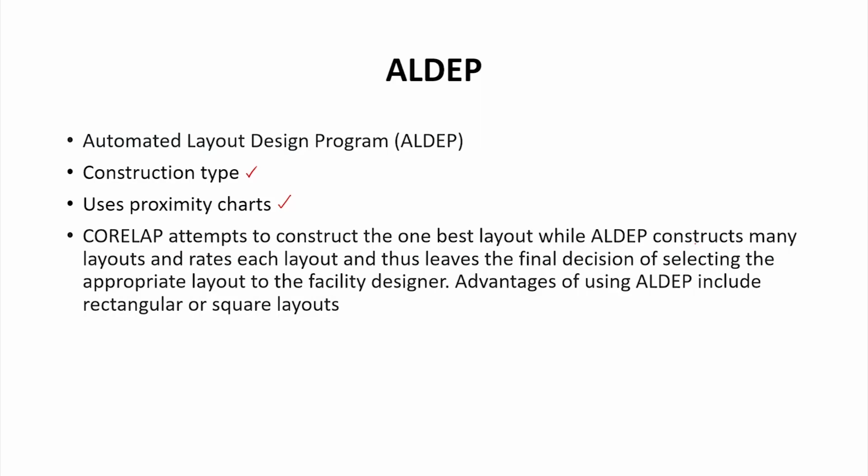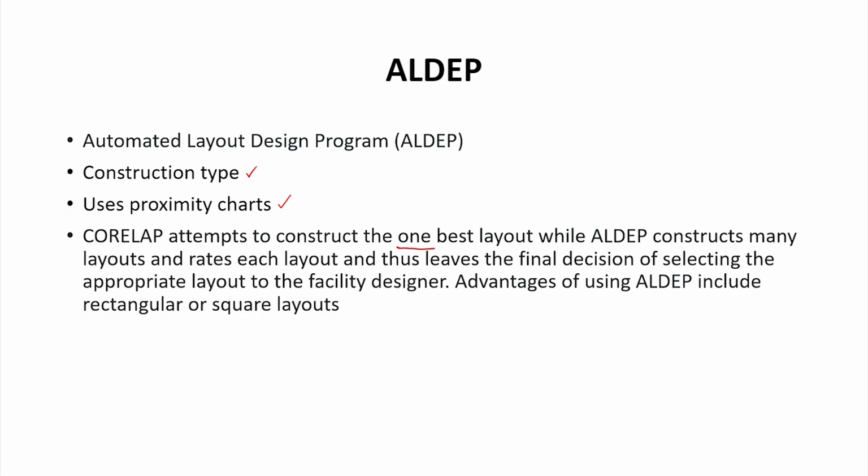ALDEP constructs many layouts and rates each layout, and thus leaves the final decision of selecting the appropriate layout to the facility designer. In the case of CORELAP, we develop only one layout, and that is the best as per the given data and requirement, whereas ALDEP generates a large number of layouts. We will see in the next slide the procedure behind ALDEP, and then it gives you one or two best, and according to your choice you can pick the one.